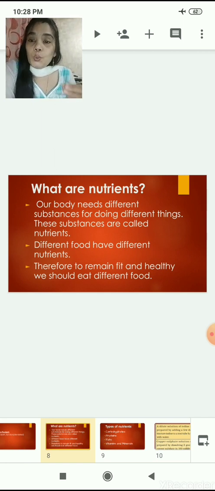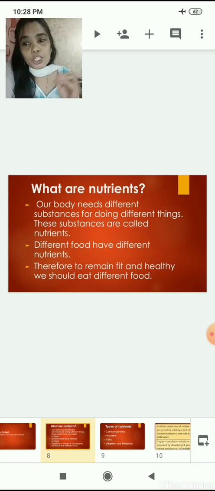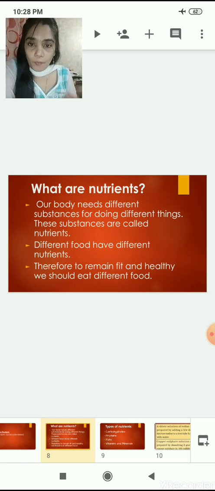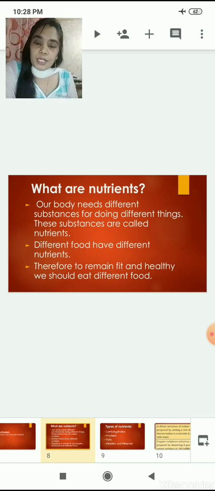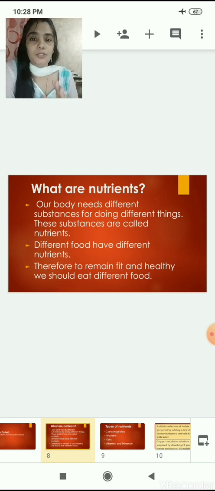But to find out which nutrients are present in that particular food item, with some simple methods, we can test whether cooked food or raw ingredients contain one or more of these nutrients. So we are going to conduct the experiment.